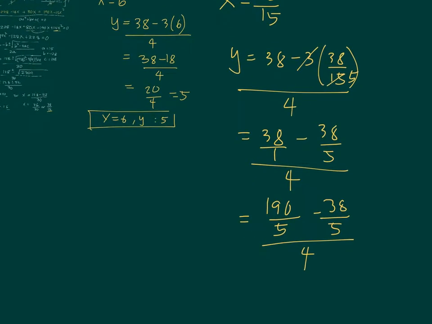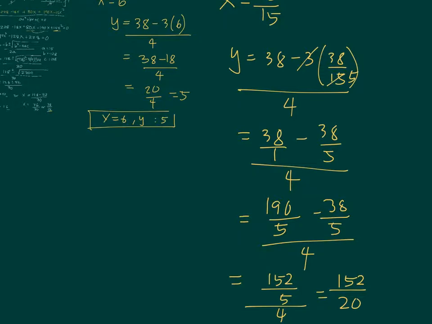So this is now 190 minus 38. So we have 152 over 5 over 4. So this should be equal to 152 over 20. That's 152 over 5 divided by 4.